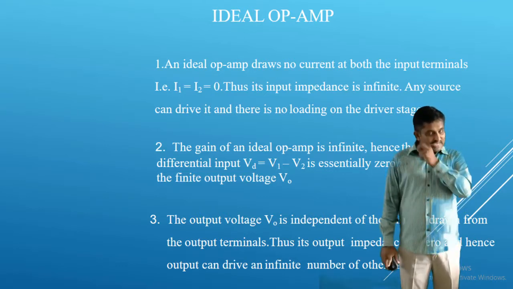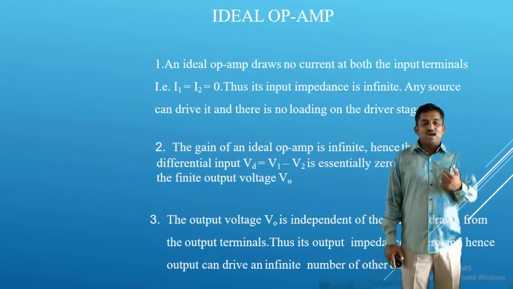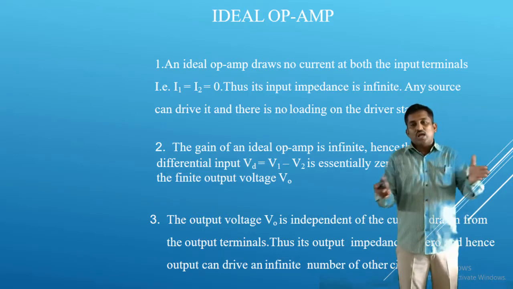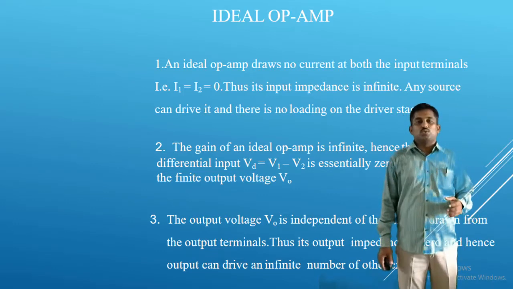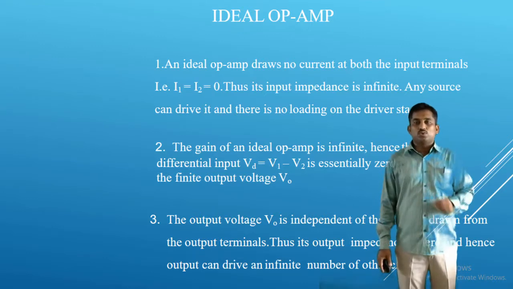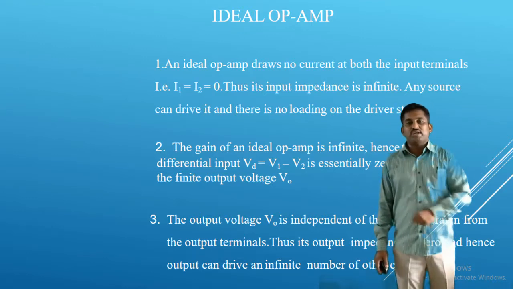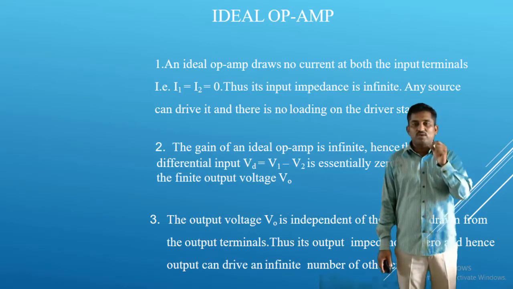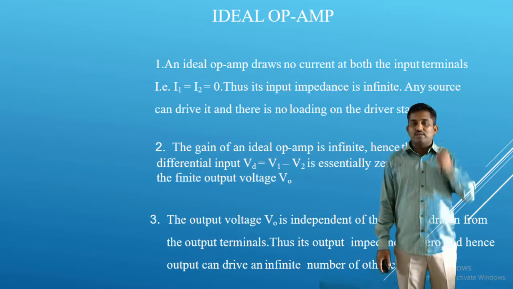Now the second one is that the gain of an ideal op-amp should be equal to infinity. We all know that V0 = A0L × Vd. So A0L = V0 divided by Vd. What is Vd? Vd is nothing but the difference of input voltages applied at the input terminals.